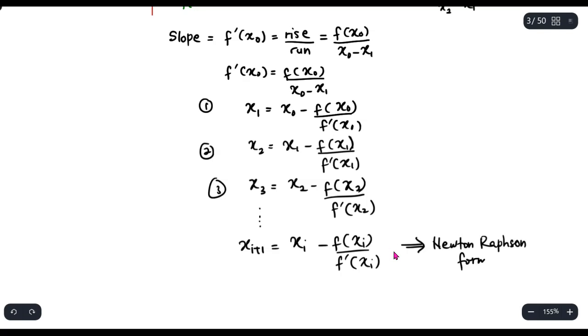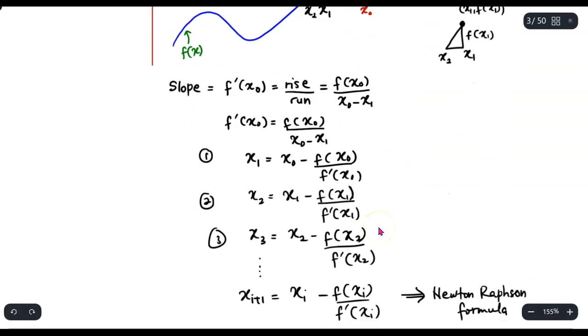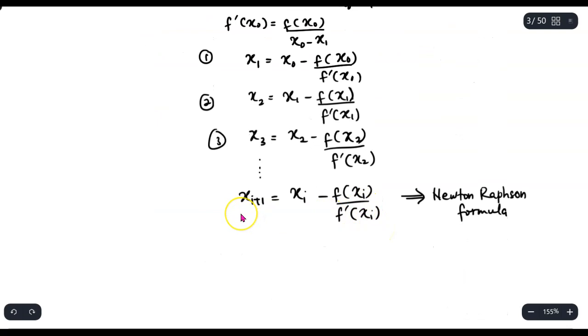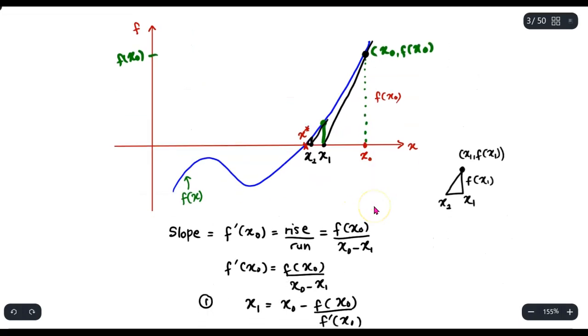You can see the formula just comes from the knowledge of calculus, where you use the tangent line and the concept of slope, and we can come out with the Newton-Raphson formula. As compared to the bisection method, in the bisection method you start somewhere here.